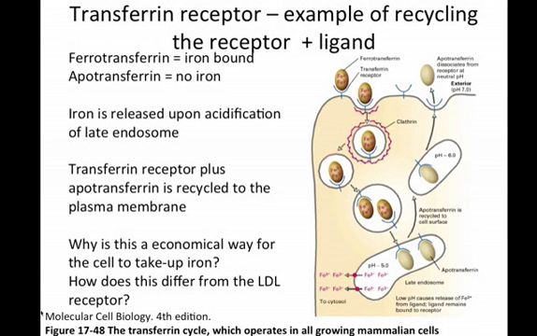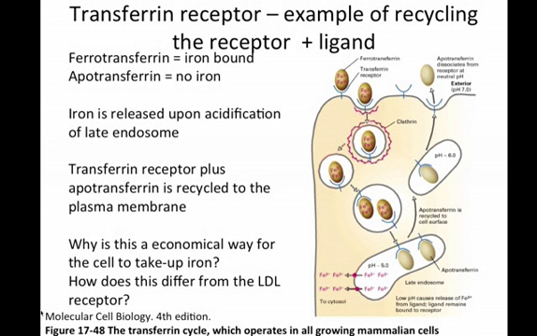So you can actually bring in your receptor plus your transferrin, either as ferrotransferrin, which is iron-bound, or apotransferrin, which is not iron-bound. And then the iron's released upon acidification in the late endosome, and then the transferrin receptor plus apotransferrin is recycled back to the plasma membrane.